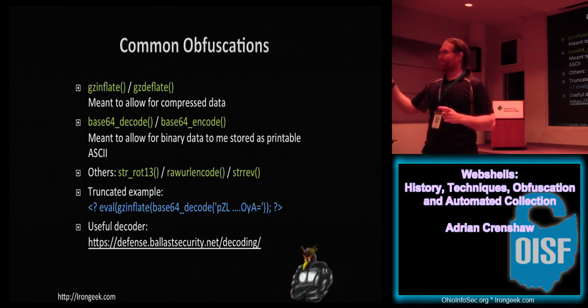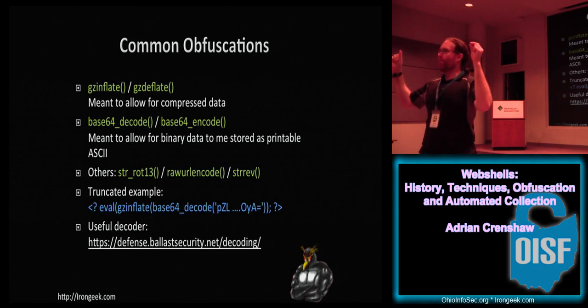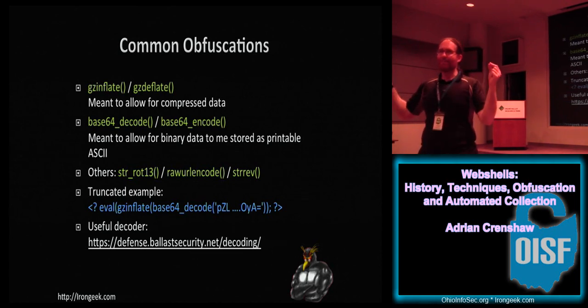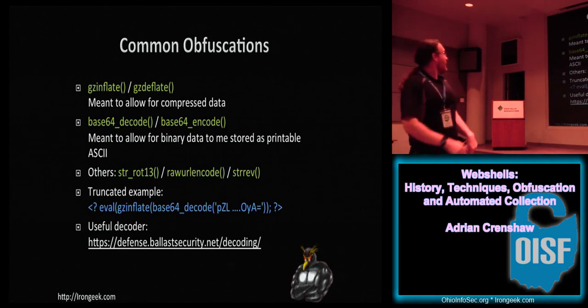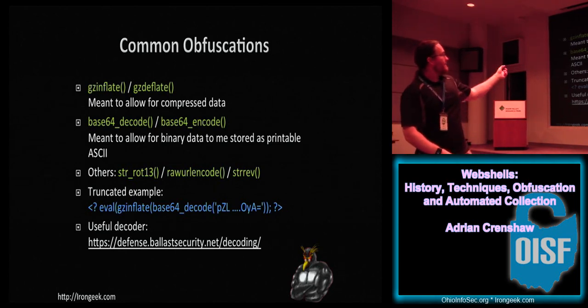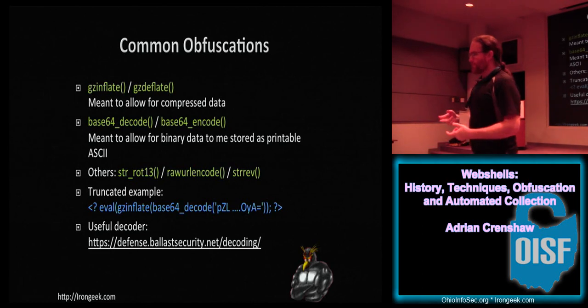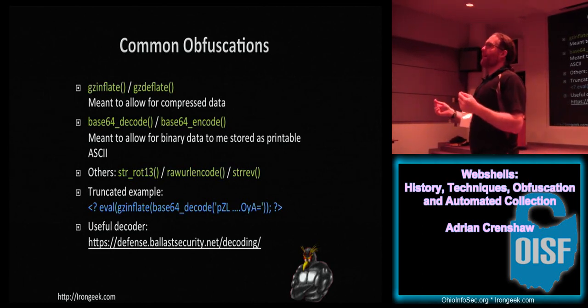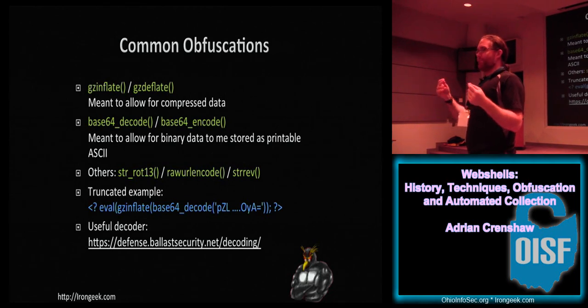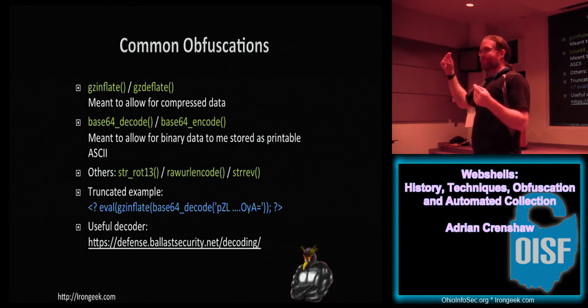Though it also causes people to be able to detect things because there's certain detectors out there that will look for the length of a string as a sign of whether or not something is a web shell. Base64 decode and base64 encode. Now base64, the purpose of it is, in some systems you don't want any kind of binary data flying through. It's only supposed to accept ASCII, normal text.